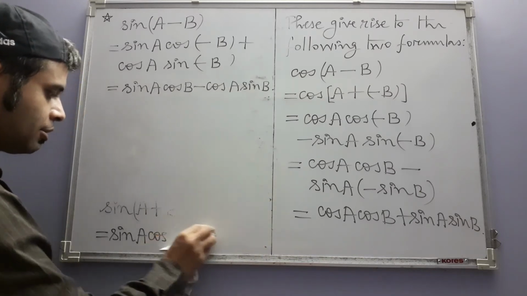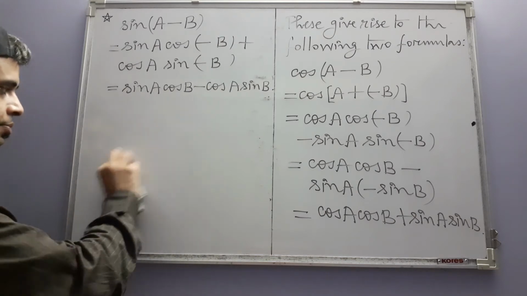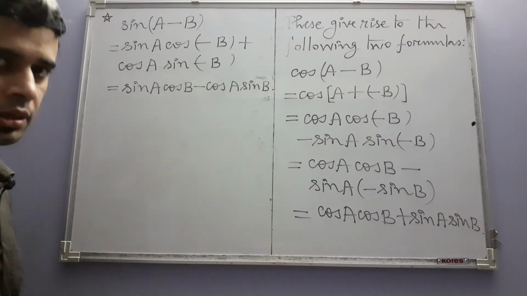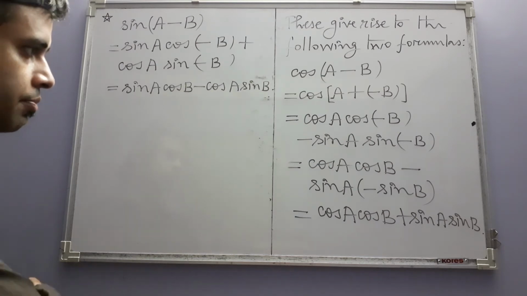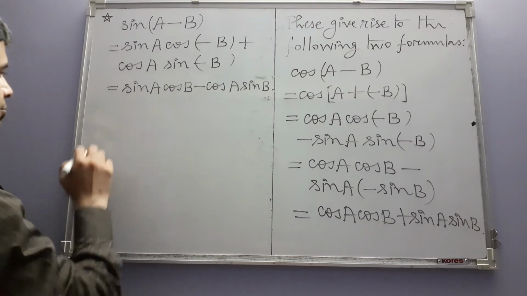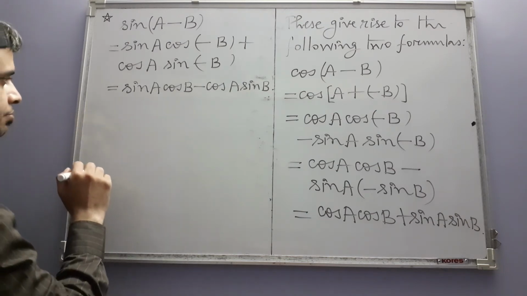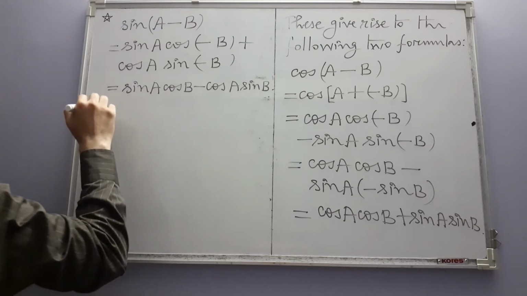Now, among all those formulas that can further be found using these four and the first basic three, there are some particularly important ones. We have, for example, the double angle formulas.